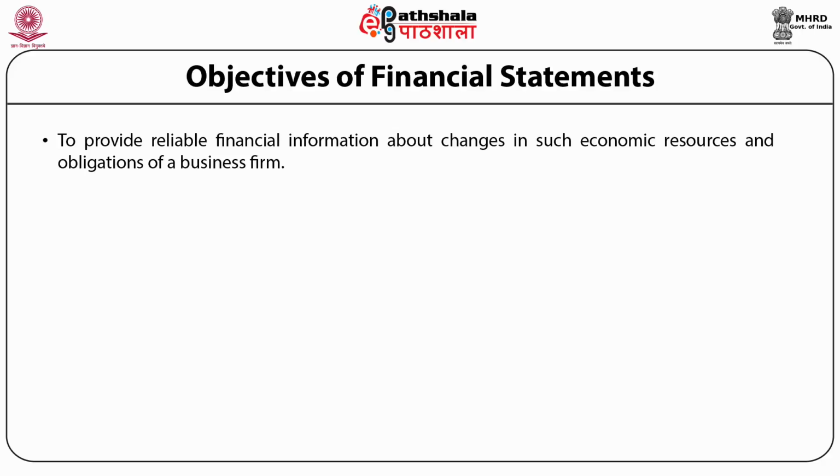Economic resources mean assets and obligations mean equity and liabilities. So with the help of financial statements, we can get knowledge of the changes which are taking place in assets or liabilities of a business.